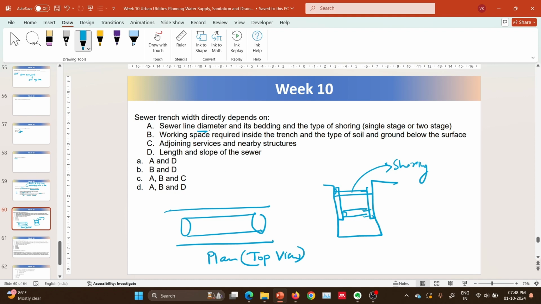So it depends on the sewer diameter and shoring, the working space required inside the trench, the type of soil and ground below the surface, and adjoining services and nearby structures. What are the nearby structures? If there is a restriction, we cannot go for the width we thought of. It doesn't depend on the length and slope of the sewer. So the answer is C.